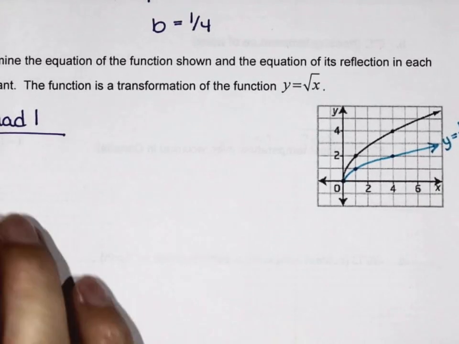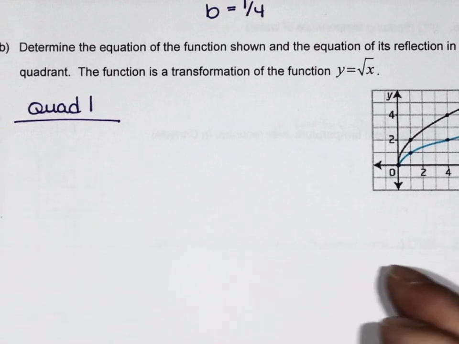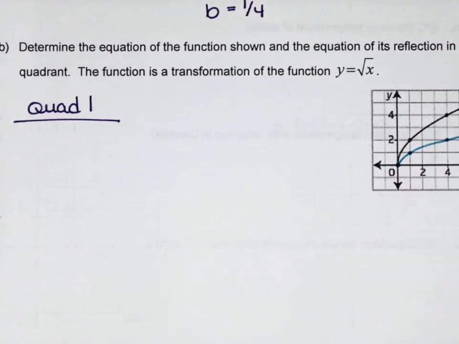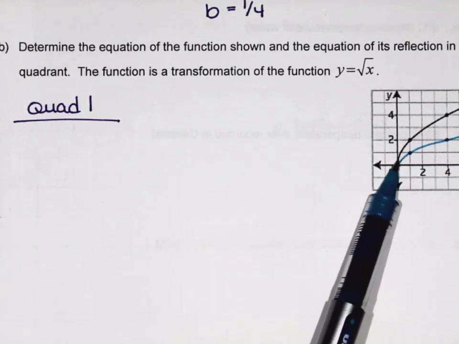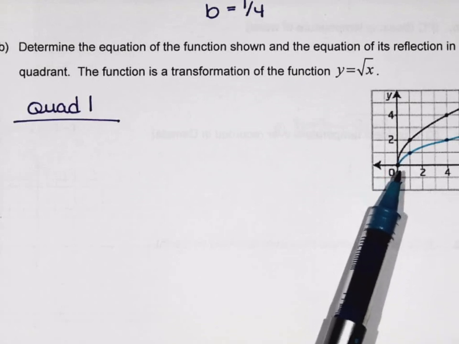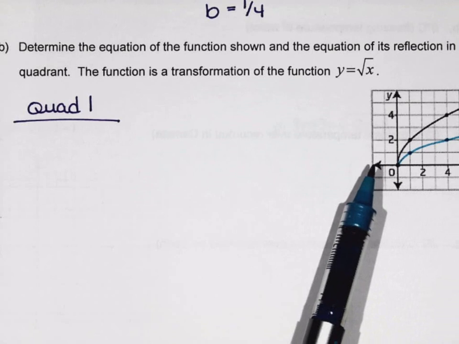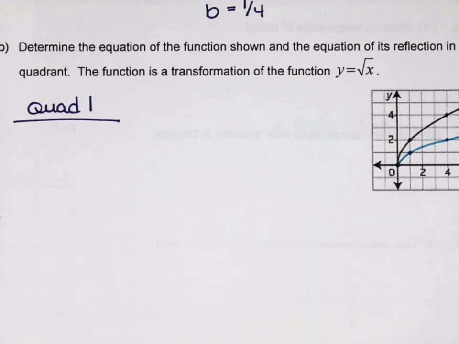Okay, so in quadrant 1, we need to figure out an equation for this one. Any shifts? Left or right? Up, down? This is a nice one because it always has that starting point of 0, 0. If the starting point is still 0, 0, you have no shifts. So we're looking at stretches now. What's the easiest stretch to see? This one was 1, now it's 2.